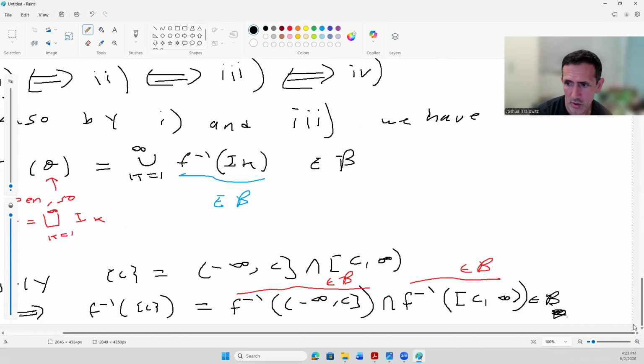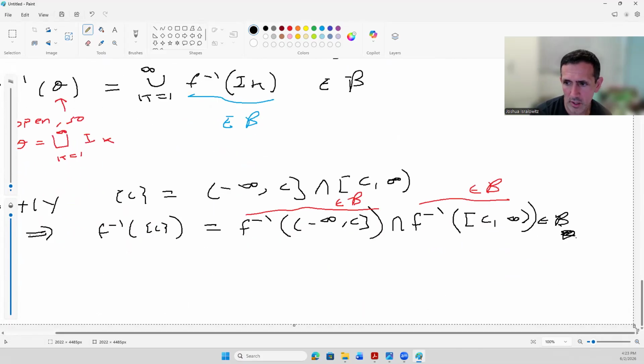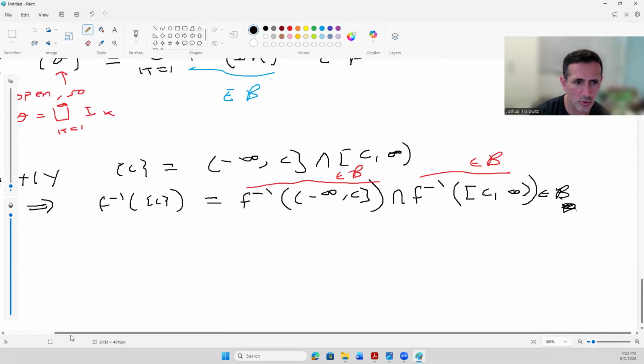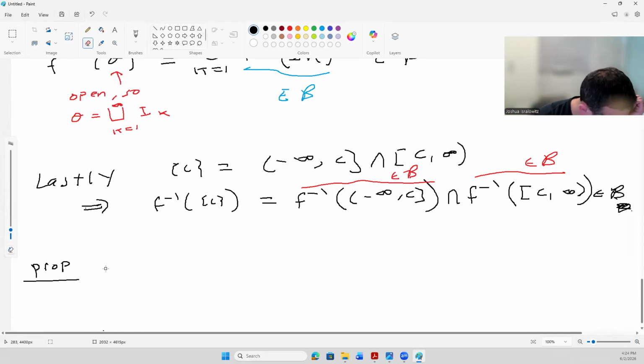So why is this so useful? Again, it makes it much easier to prove concrete functions are Borel. For example, and it's kind of the whole point, in the previous video I mentioned Jordan's theorem.